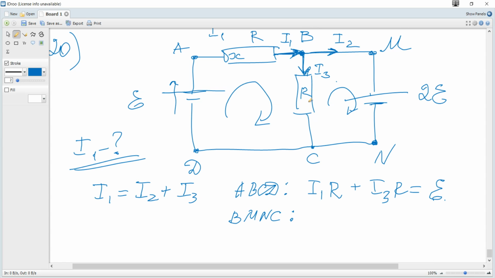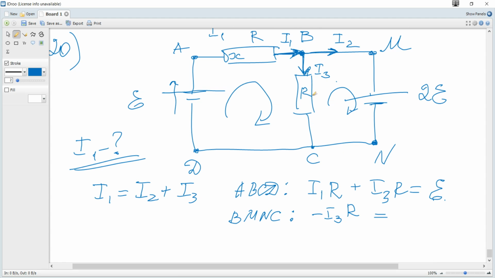So we can see that there is I3, but in opposite direction, so it's minus I3R. And that is equal to, just a moment.